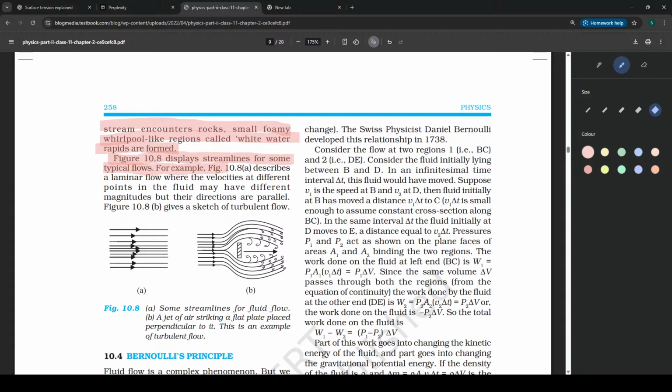For example, 10.8a describes a laminar flow where the velocities at different points in the fluid may have different magnitudes, but their directions are parallel. And b gives a sketch of a turbulent flow.